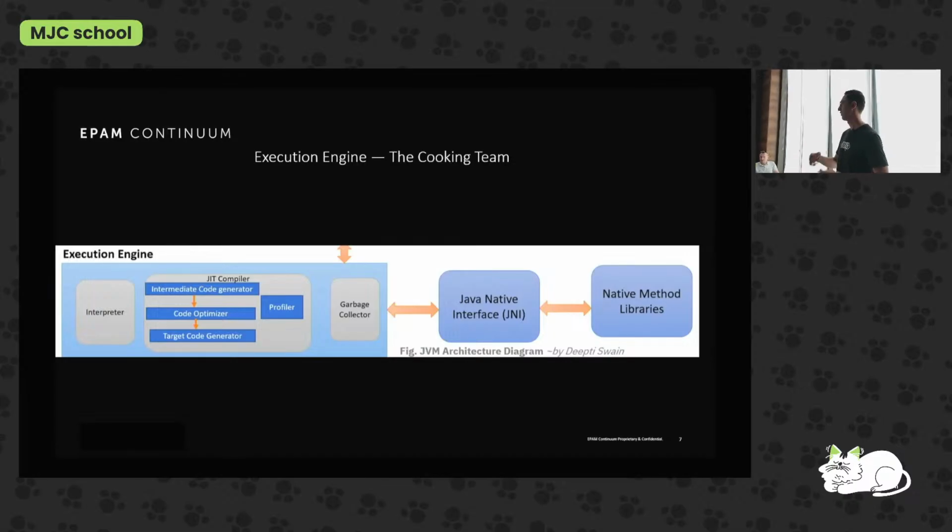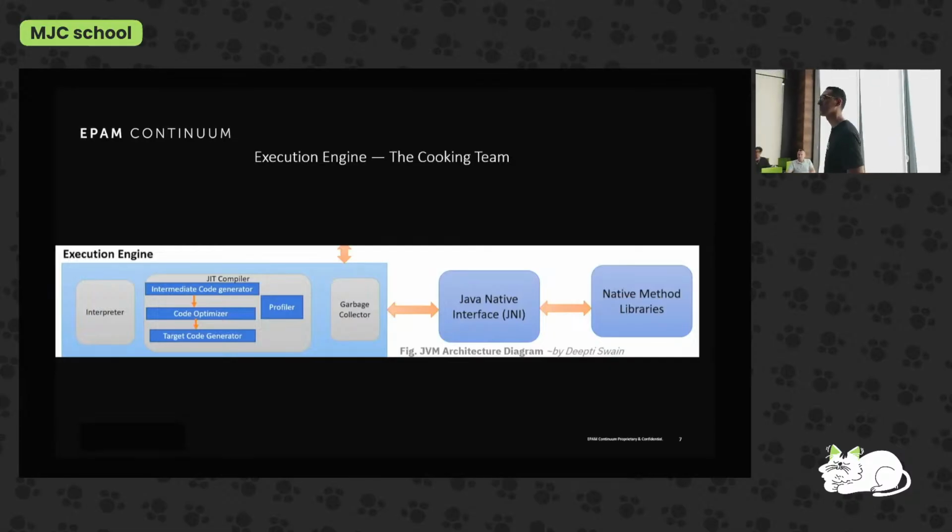We need the person, we need the operation to do the job, to do the dirty job. So the execution engine we can refer to as a cooking team: chefs, chef assistants, all the people who are involved in the meal cooking process, because without them we cannot make any food.